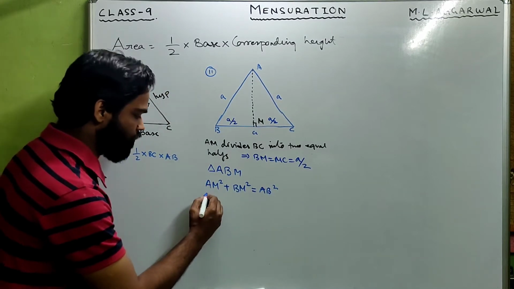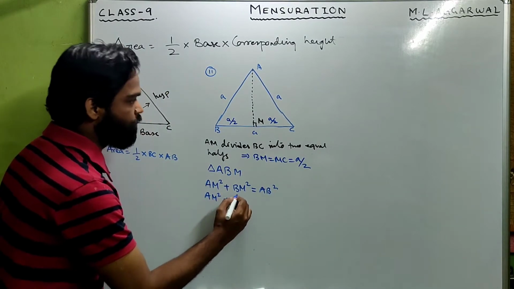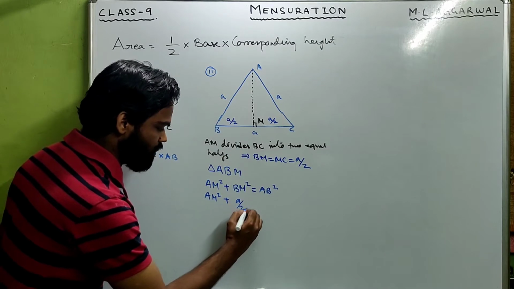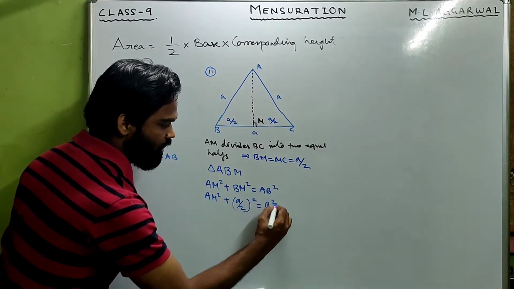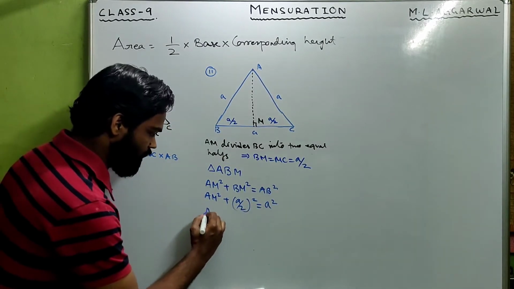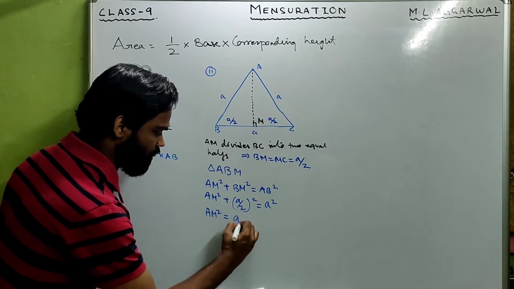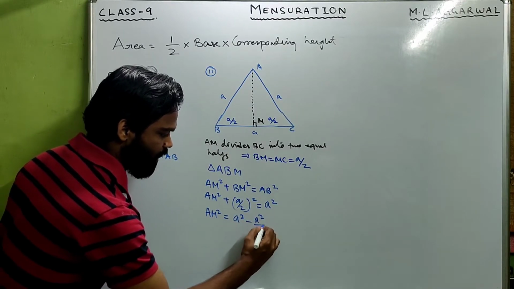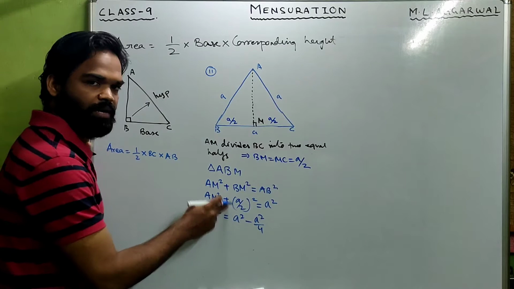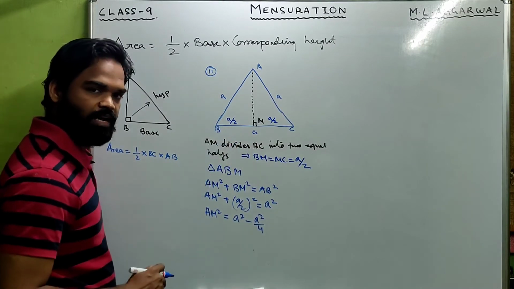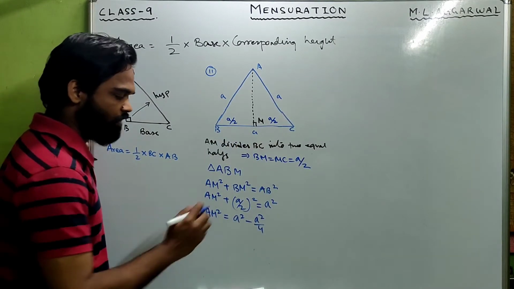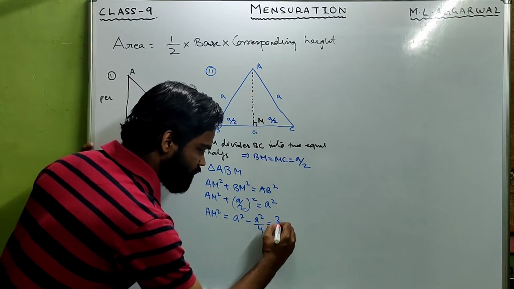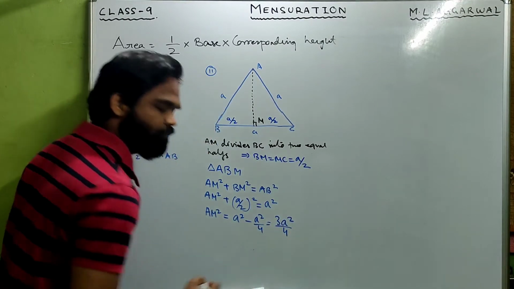Which means AM we don't know. BM is A by 2, so A by 2 whole square is equal to A square. So AM square will be A square minus A square by 4. When you open the bracket, that becomes A square by 4. You take it on that side, it becomes minus A square by 4. If I take LCM, this becomes 3A square by 4.